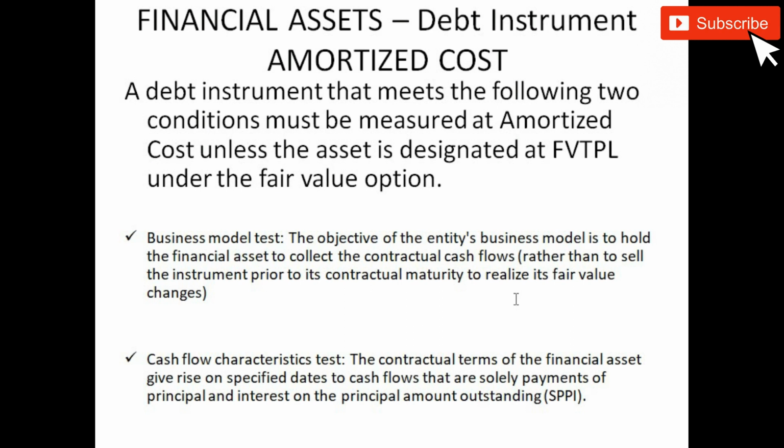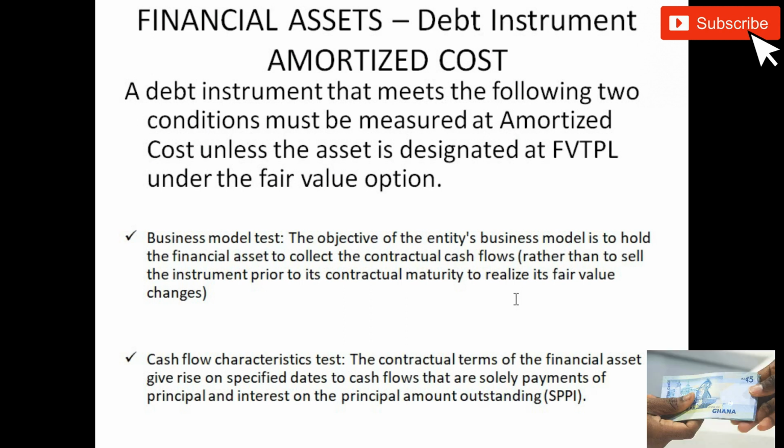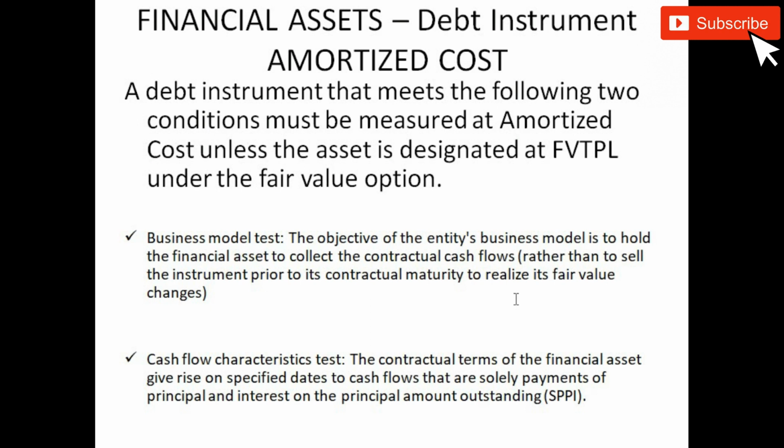So the first test the entity must pass to recognize the debt instrument using amortized cost is that the objective for holding the asset should be to collect contractual cash flow and also to hold it to maturity. The entity should not have any intention of disposing or selling the financial asset within its lifespan. So if it is 5 years, we are holding it to 5 years, to maturity, for it to be redeemed on the last day.